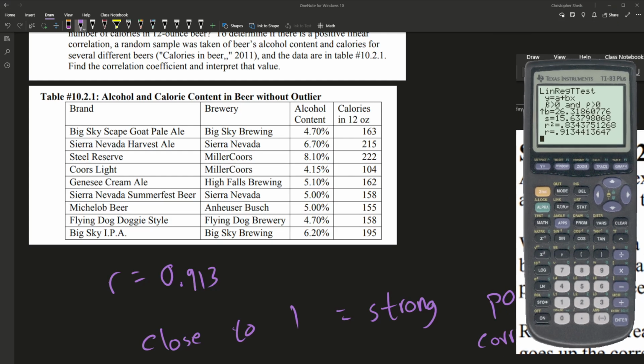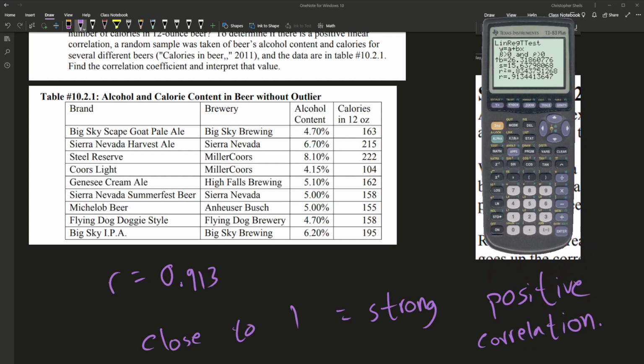Because this correlation coefficient, 0.913, is close to positive 1, we would say that we have a strong positive correlation.